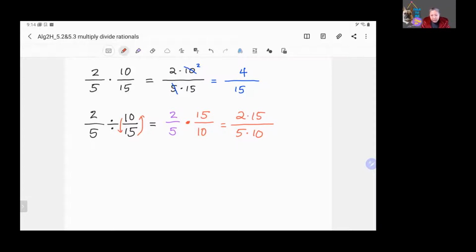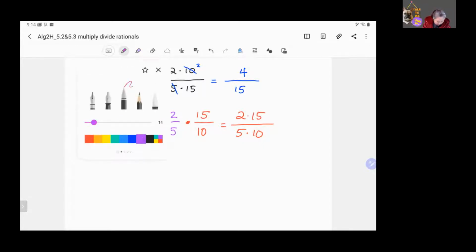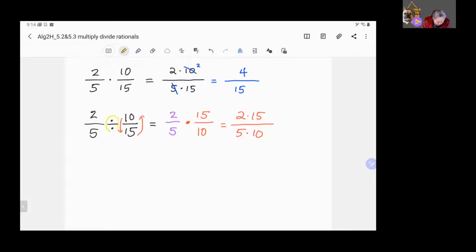The only extra step for division with fractions is you change the division into multiplication, and then you take the reciprocal of the divisor, right?